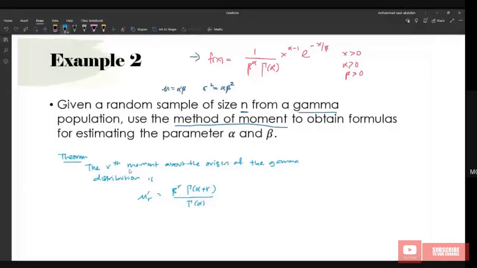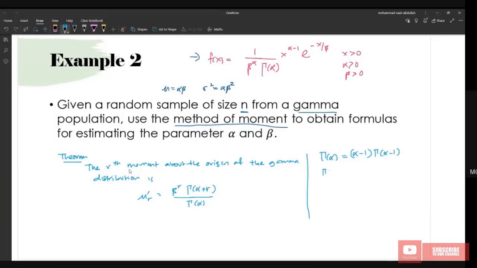Based on the theorem, the r-th moment about the origin of the gamma distribution is mu r prime is equal to beta to the power of r, gamma of alpha plus r divided by gamma of alpha. And we also know gamma alpha is equal to alpha minus 1 multiplied with gamma alpha minus 1.